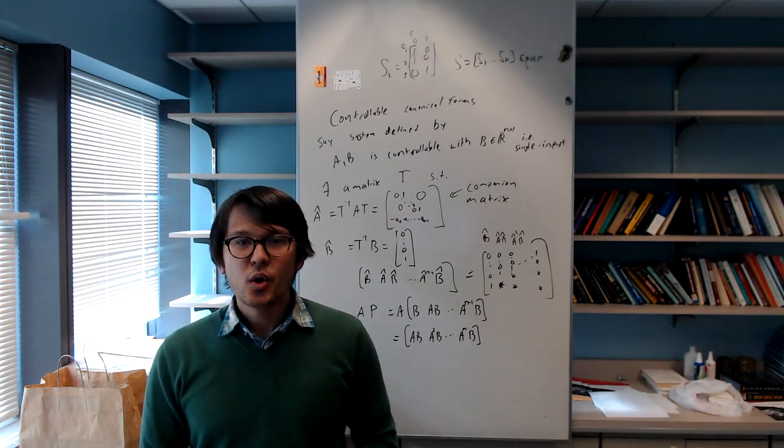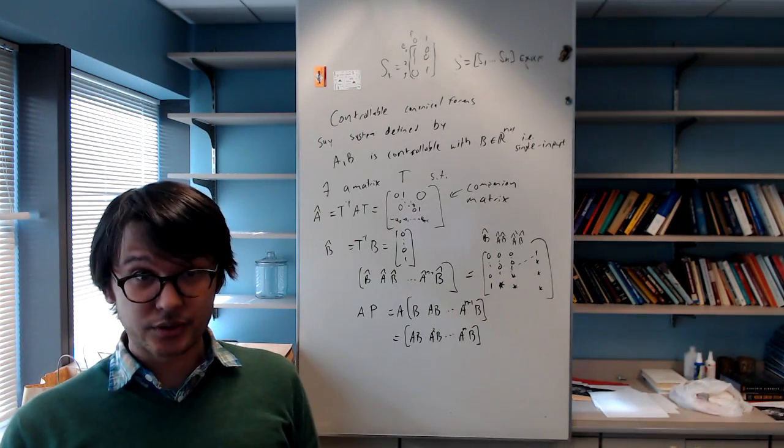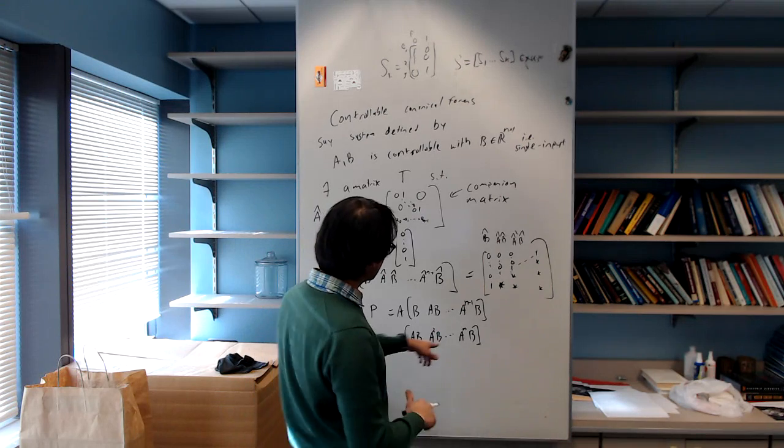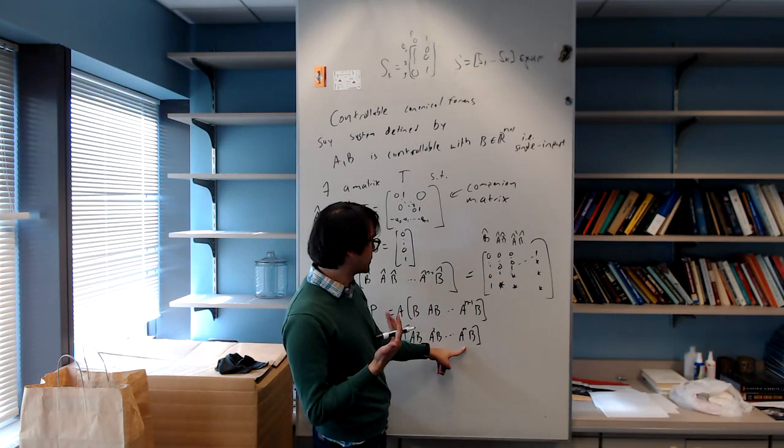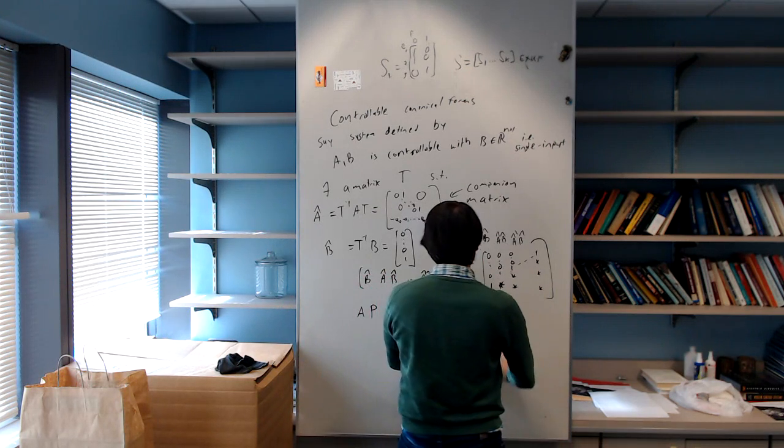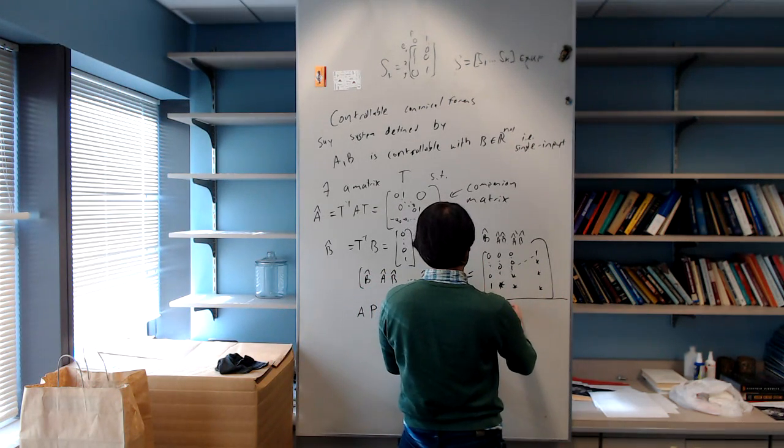Now, what was the theorem that we used to say, if I have something that's power n, how can I express it in terms of all the lower order powers? It's the Cayley-Hamilton theorem. That's right, Cayley-Hamilton.